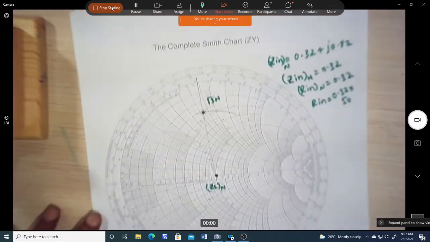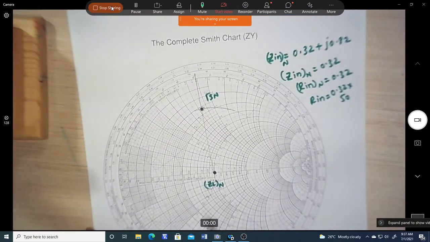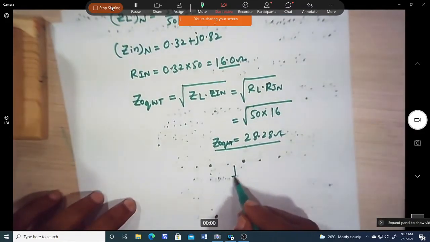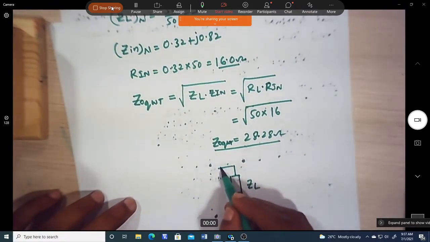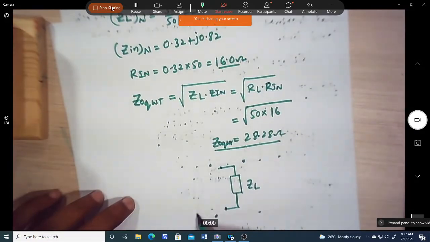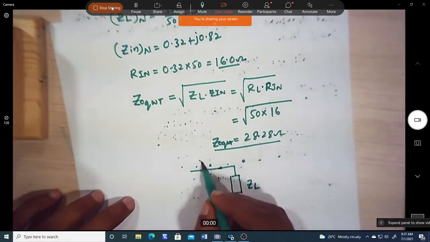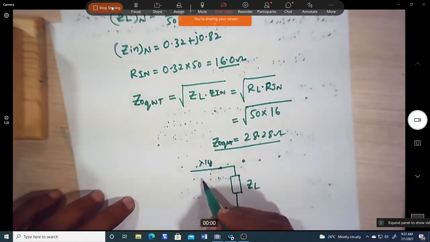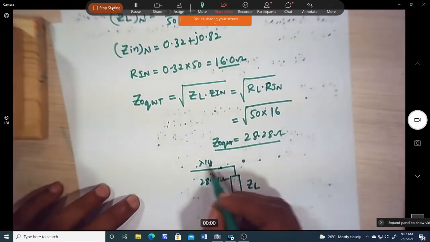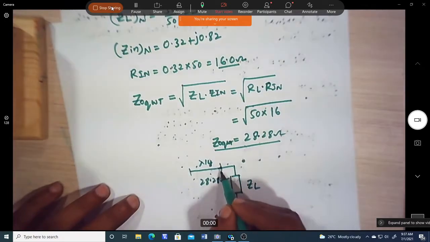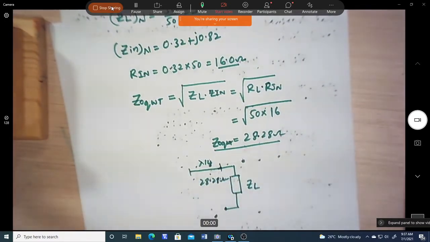Okay, so now as I said, here there is a load, we have the load 50 ohm. Okay, so now from this we need to add the lambda by 4. The characteristic impedance is whatever we have found out, 28.28 ohm. So this is the lambda by 4 quarter wave transformer.